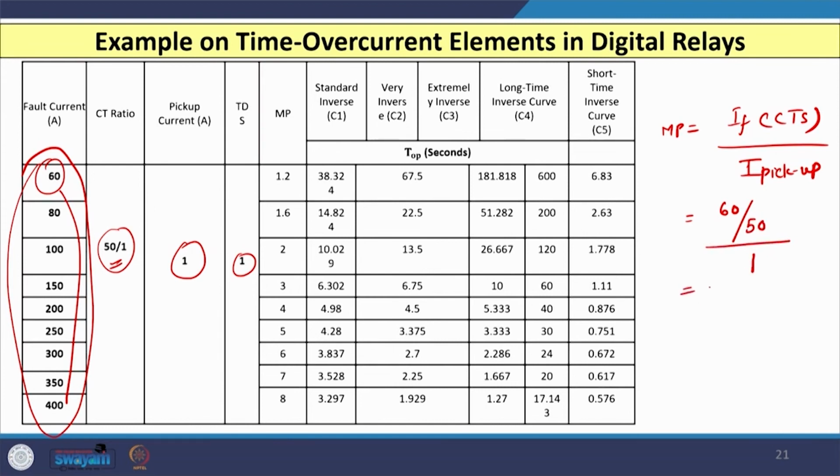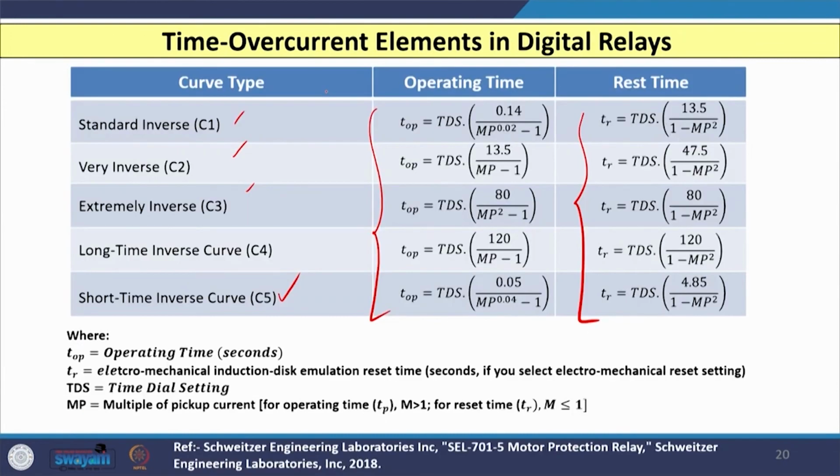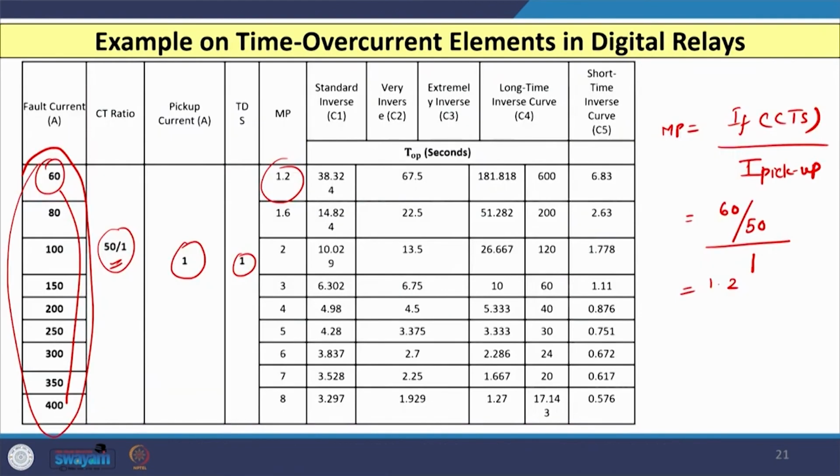So, this value comes out to be 1.2, and using this value, that is MP equal to 1.2 and TDS equal to 1, you can use the standard inverse curve, very inverse curve, extremely inverse curve, long time and short time inverse curve, that is C4 C5, and you can calculate the time for each curve, and you can see these are the times which I have calculated.